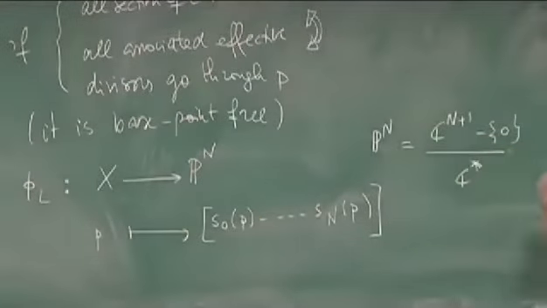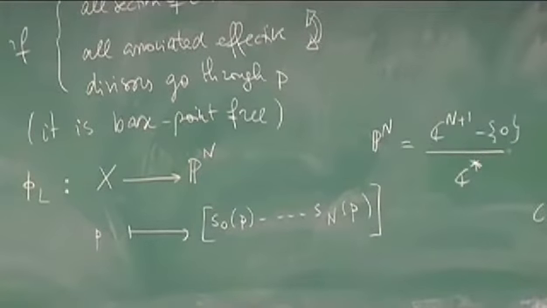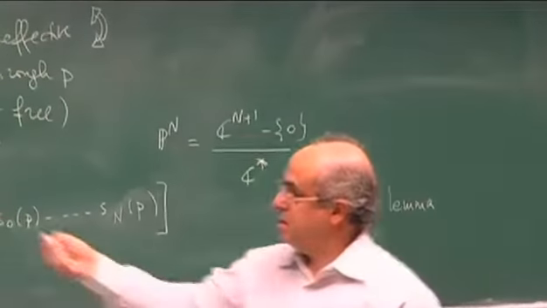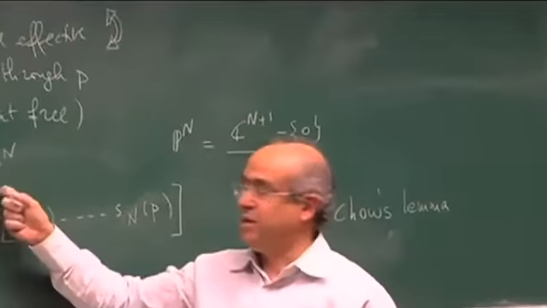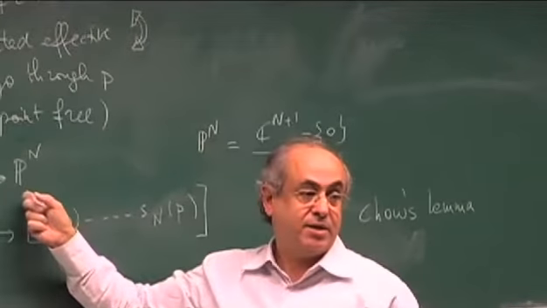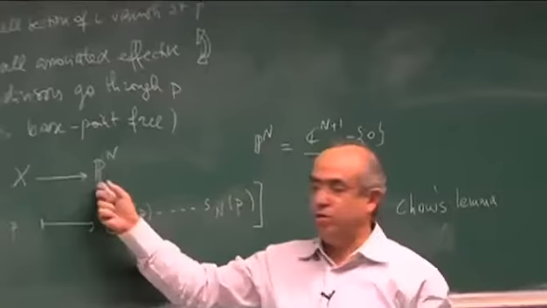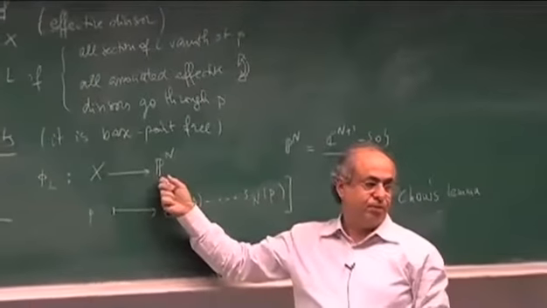And then we use a very strong result, which I will recall tomorrow again, which is Chow's lemma, which says that any analytical subvariety of Pn is actually algebraic. So it's given by the vanishing of a set of homogeneous polynomials.